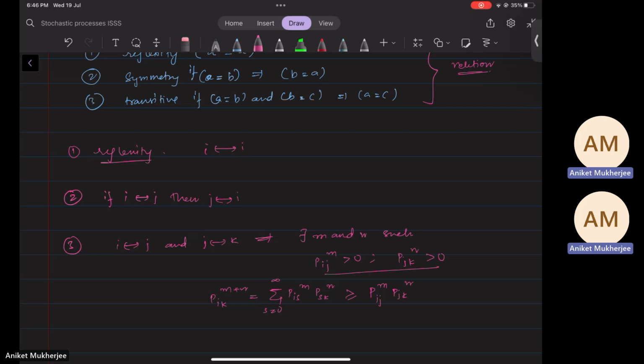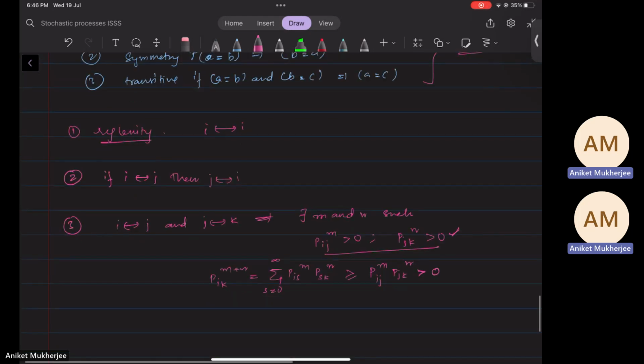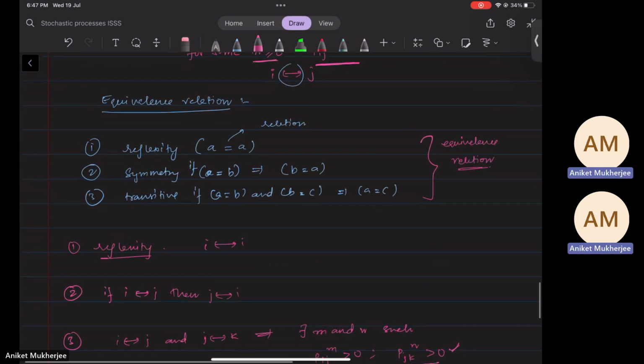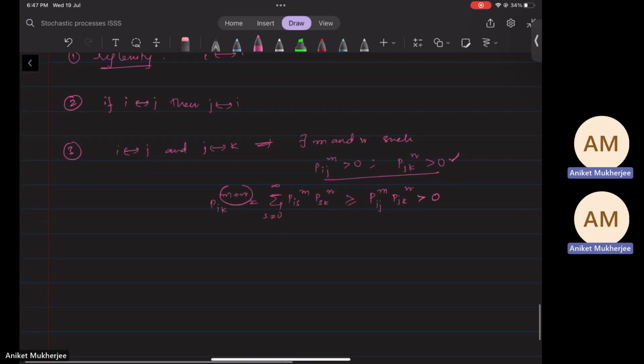Now from the definition of communication, we know that these both are greater than 0, and multiplying something greater than 0 gives something greater than 0. So now we have found m plus n steps for which you can go from i to k with positive probability. So this is a proof to show that communication is an equivalence relation.